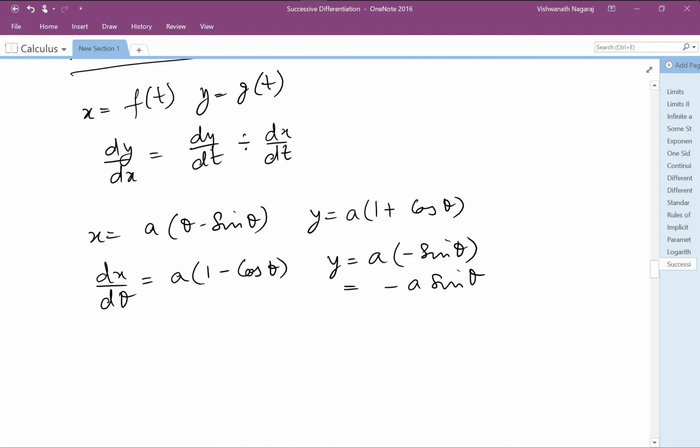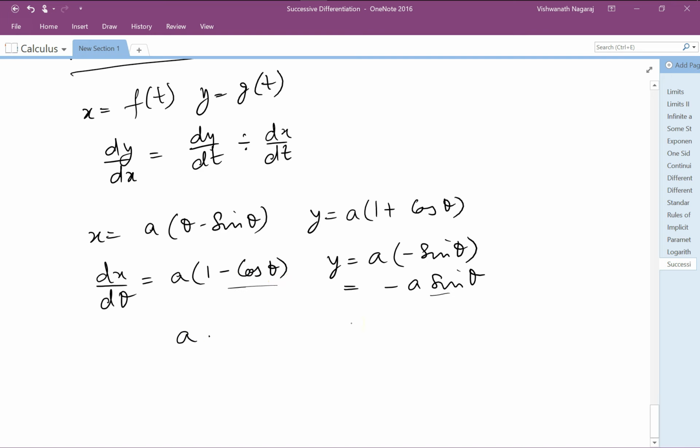Now we can stop at this stage, but you need to be very comfortable with the trigonometric identities to be able to figure out the further simplification. Is there some way by which we can make this similar to this? a remains as it is, but this 1 minus cos theta and sine theta.